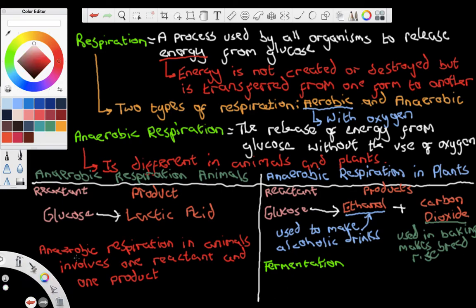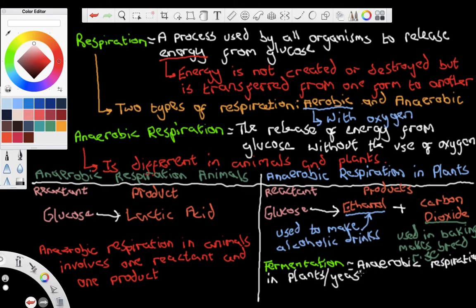Fermentation is anaerobic respiration, which in plants also takes place in yeast.